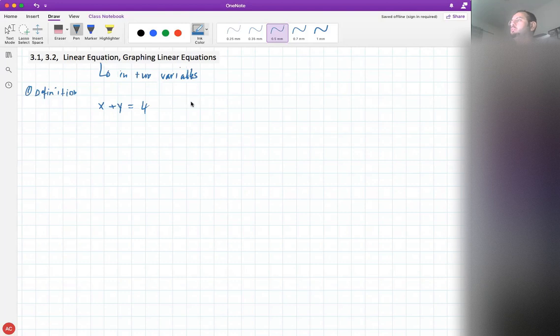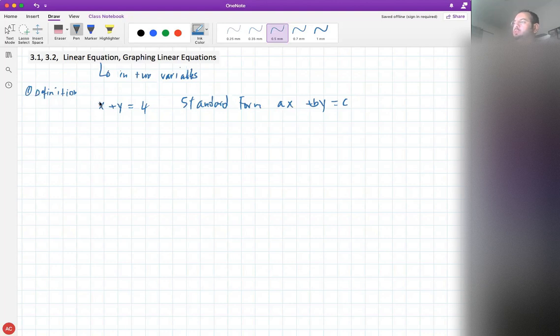The standard form, they all look like this. There's always x and y in the equation and some number on the other side, some c, for example, 4. There could be coefficients next to the x and y: there could be a here, there could be b.